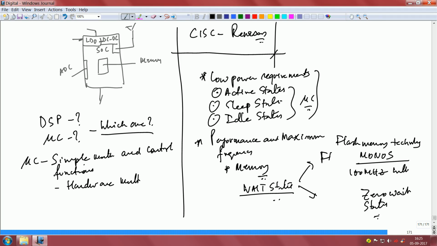So, are you talking about bus speeds and clock speeds with memory access with wait states or without wait states? So, performance is not so easy to actually quantify, and this will differ for different MCUs. Some MCUs may use simple flash because they want to cut down costs, and some may have the sophisticated MONOS flash technology. So, even at a lower clock speed performance will be comparable. Okay. So, keep in mind what kind of flash technology is being used.